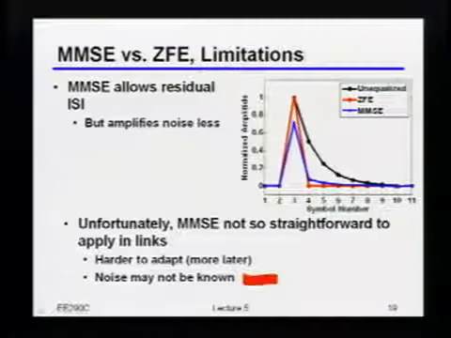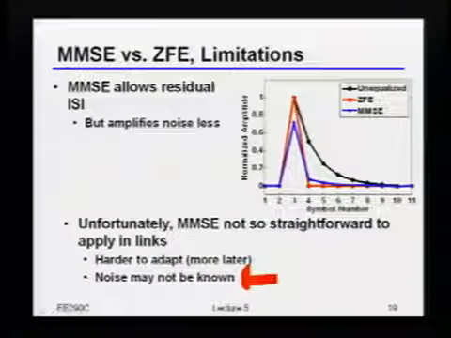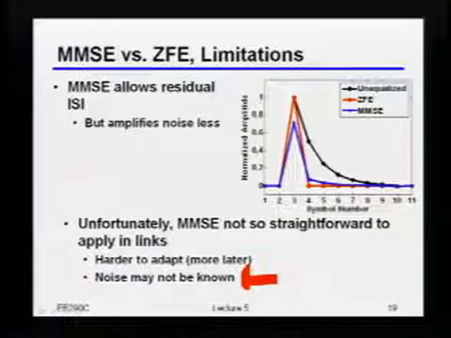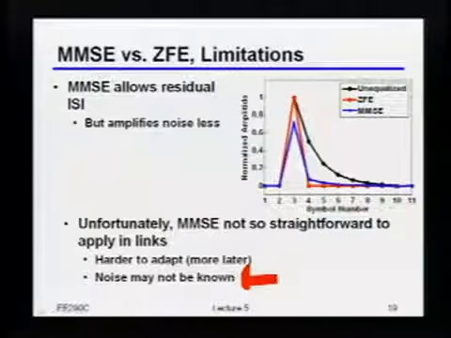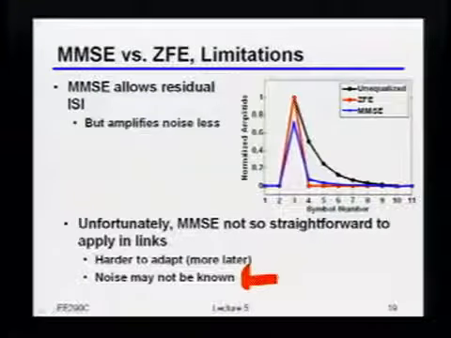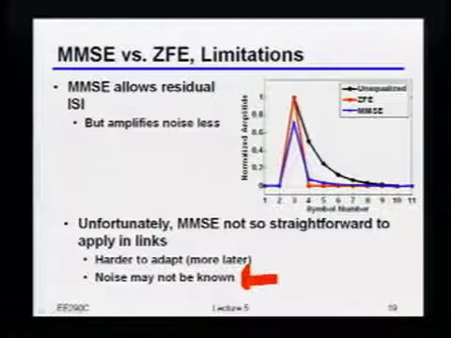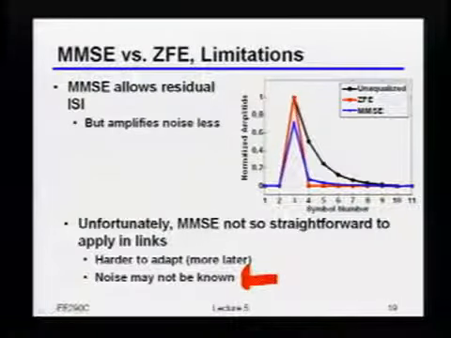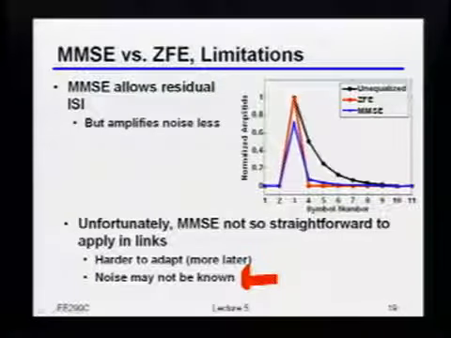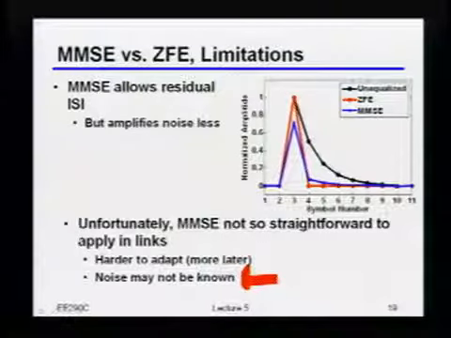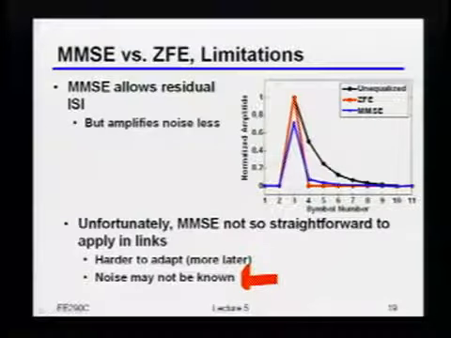The other thing is that oftentimes you may not really know what the noise actually is, because usually you've built the link to make the noise really small in the first place. Remember, you're shooting for something like a 10 to the minus 15 bit error rate. So actually measuring what the noise is down at that error rate is pretty darn hard. Not that this is impossible, but it's typically not used anywhere near as often as these zero forcing solutions. Okay?